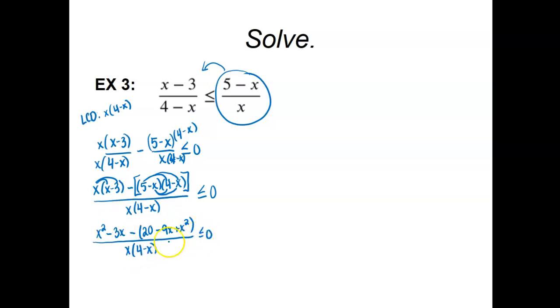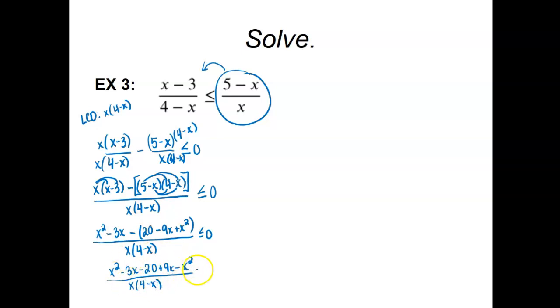So now we need to distribute that negative. So we've got x squared minus 3x minus 20 plus 9x minus x squared all over x times (4 minus x).